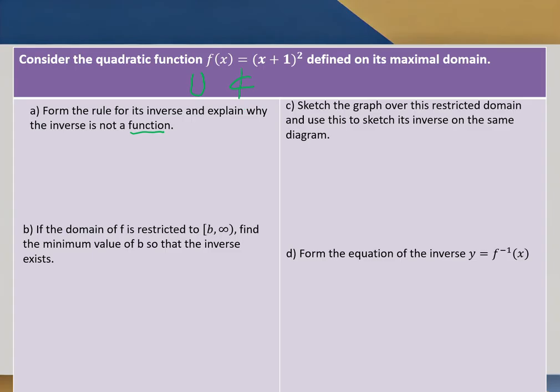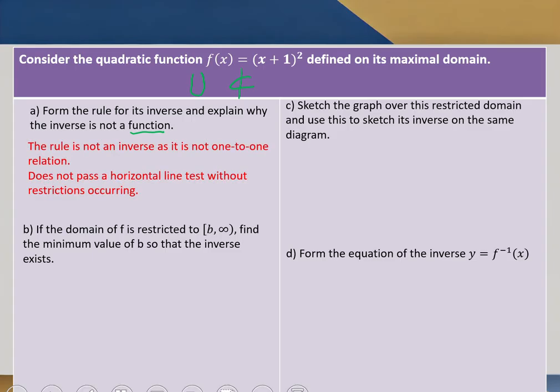That means that because the quadratic function is not one-to-one, it is a relation, but also it does not meet that horizontal line test without restrictions occurring. So we can make it a function if we put a restriction on it. That links into the next part.